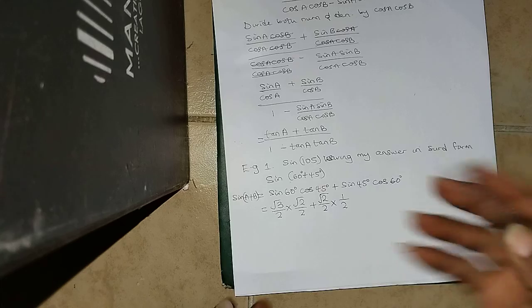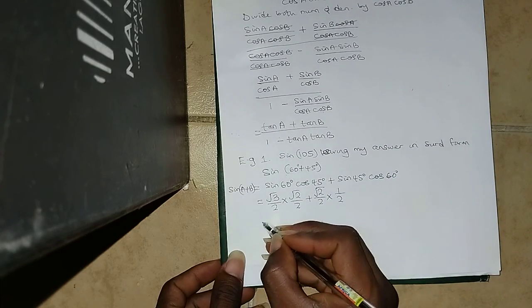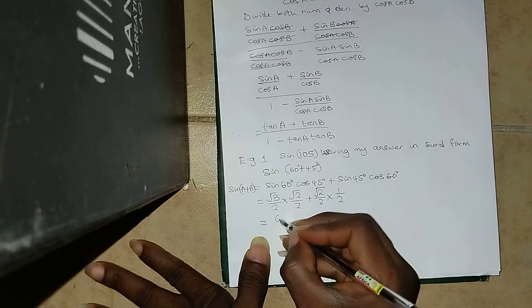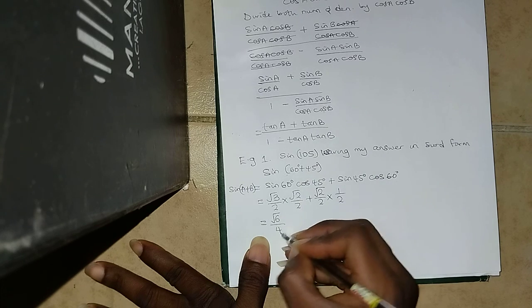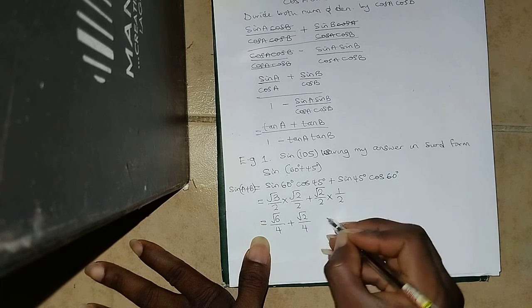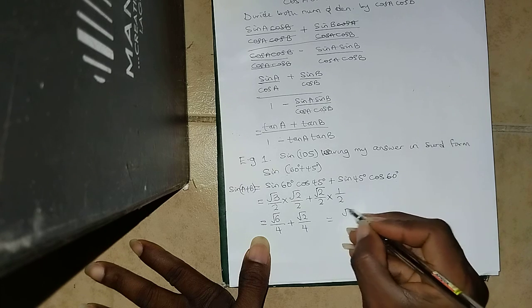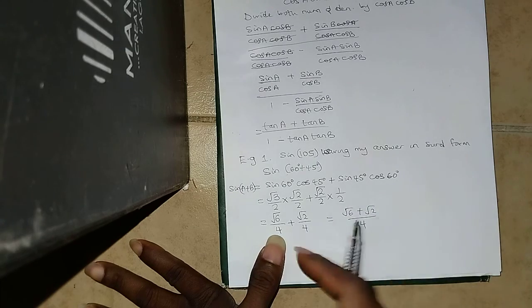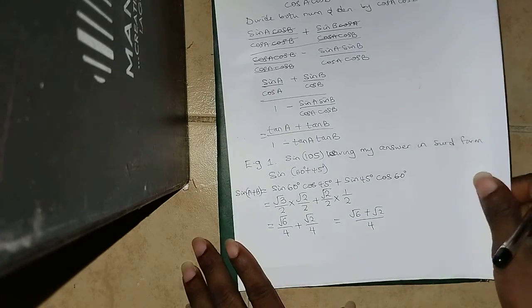So at least by now you should know how to solve this. So this times this will give me root 6 over 4 plus root 2 over 4. So my answer should be root 6 plus root 2 over 4. You can't add roots together, so that is the way you can solve that.